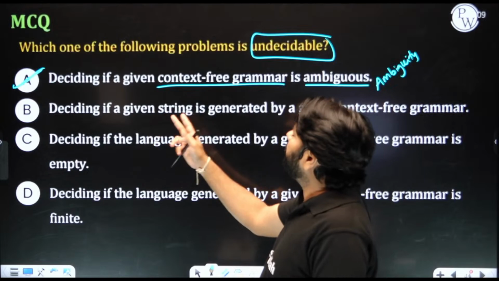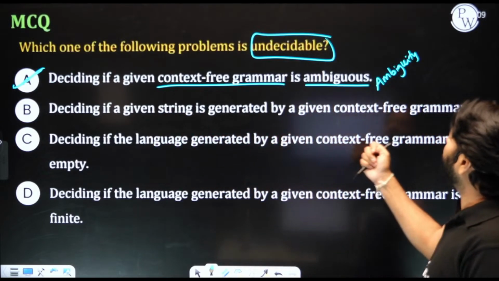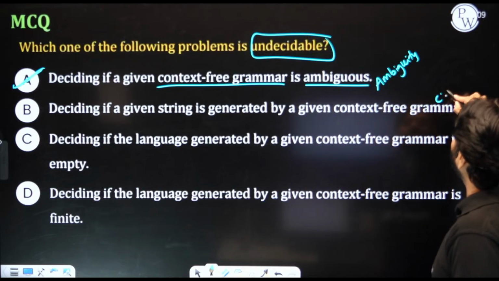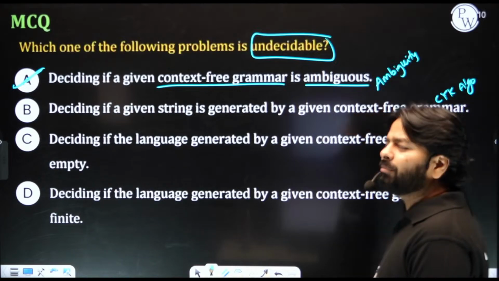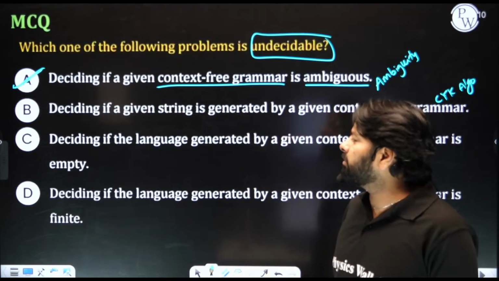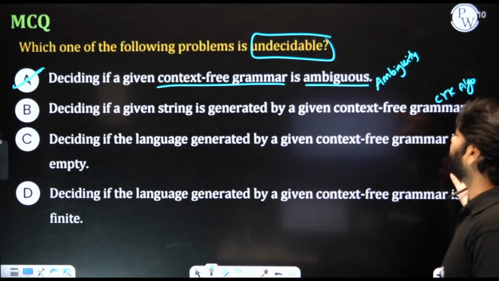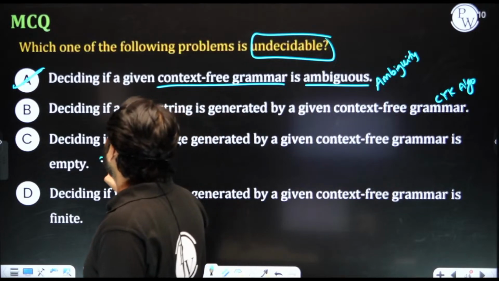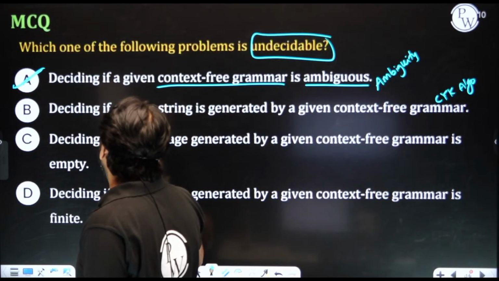Deciding whether a given string is generated by a given context free grammar. This is decidable because the CYK algorithm is there for this. For the context free grammar, to check the membership concept, right? So you have the CYK algorithm. Deciding if the language generated by a given context free grammar is empty. Emptiness, you can use a simplified grammar. You can use simplification that will help you.